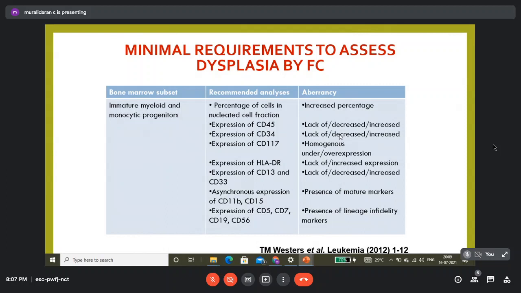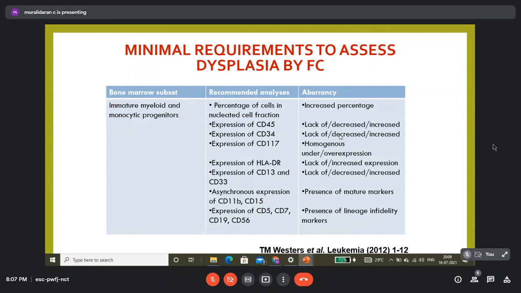For example, in myeloid and monocytic progenitors, CD45 can be totally absent, or increased, or decreased. The same goes for CD34 expression as well as CD117 expression. You can also have a comparison, for example asynchronous expression of CD11b and CD15.